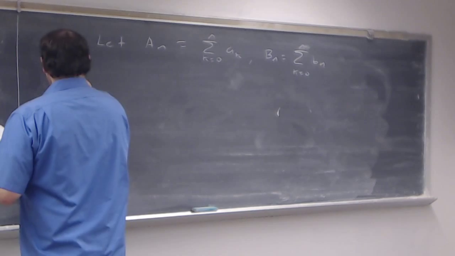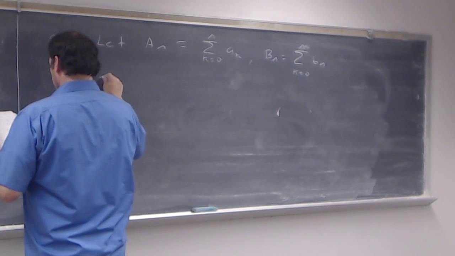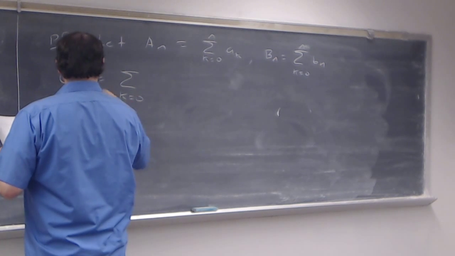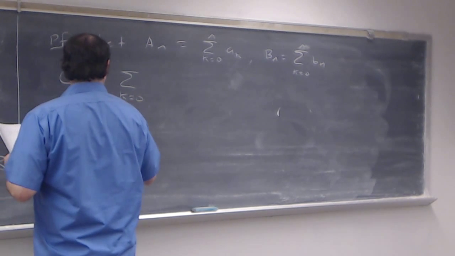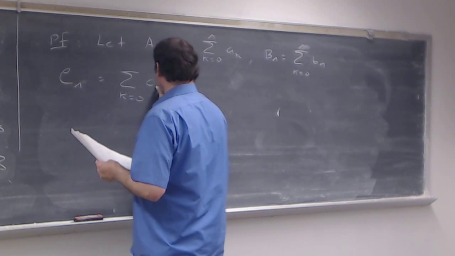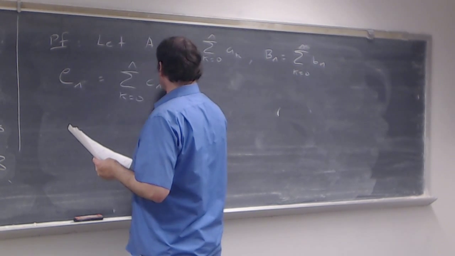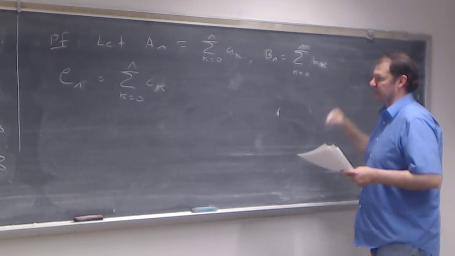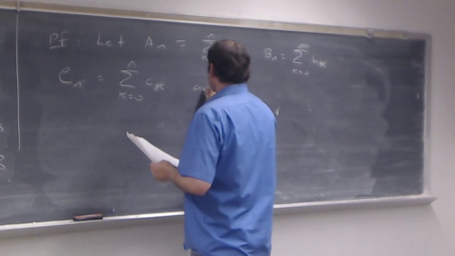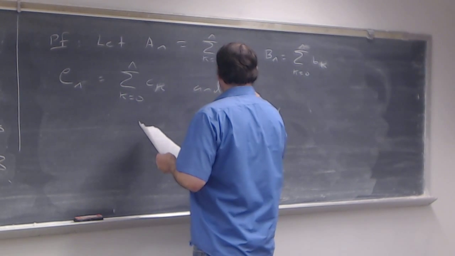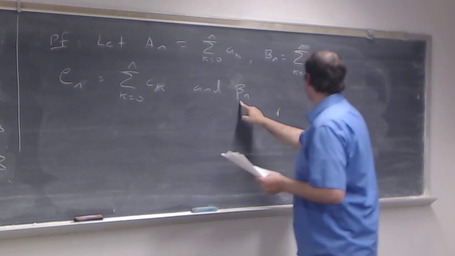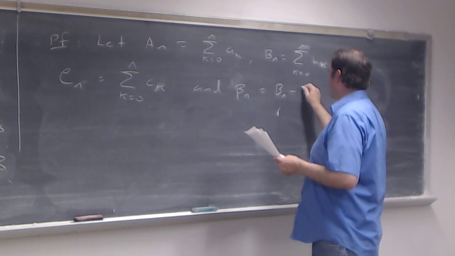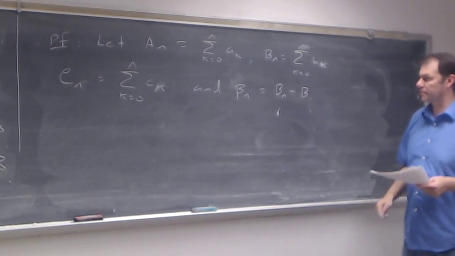Let script C sub n equal the nth term c sub n here of the partial sums for the product series. Here, this should have been k. Make that change. And I'm going to define beta sub n, that's a beta, it's got a tail, when it's b, to be equal to b sub n minus b.